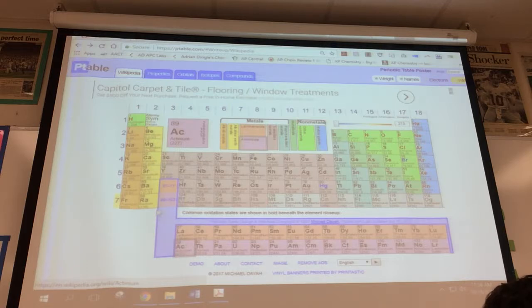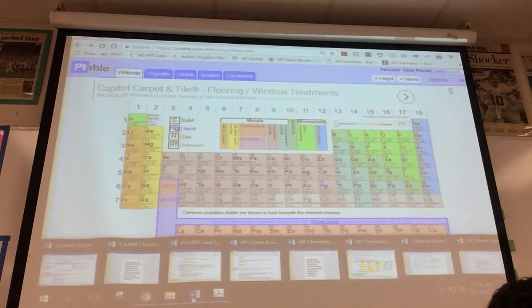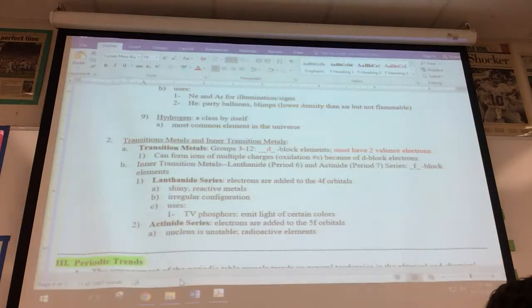After actinium, which is right here, you have this chain. This is your actinide series. So you have your lanthanide series and your actinide series, and these are the inner transition elements. They make up the F block. They fit inside the transition elements.